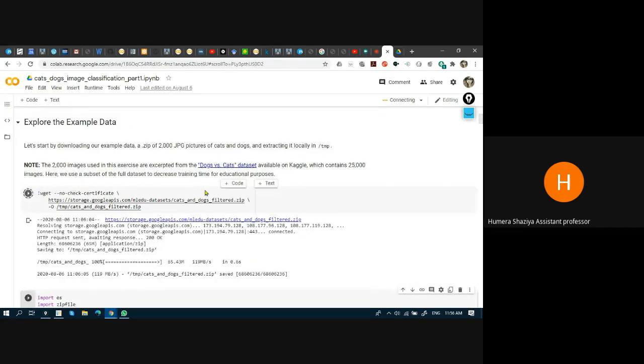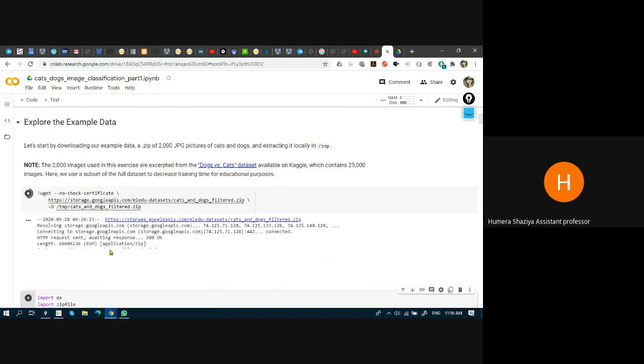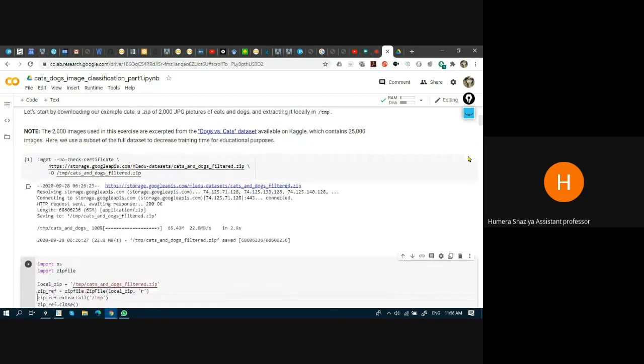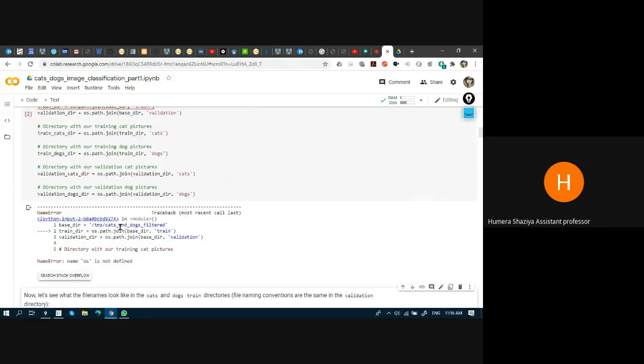Here, this is the data set. The data set has been downloaded. Okay, the data set is being downloaded. After the data set is downloaded, the contents are extracted. The data set is in zip form, so you have to unzip it.